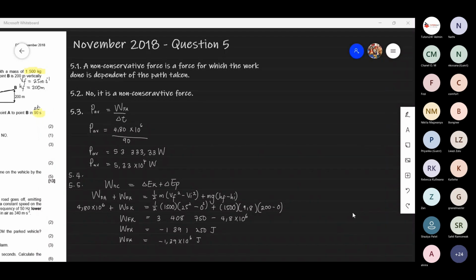But for work, energy, and power, I would recommend you leave your answers in the SI units, okay? If you were to write your answer in kilowatts, you'd get the same marks as someone who wrote it in watts. So why must you waste time and convert it to kilowatts or to scientific notation when you're going to get the same amount of marks as the next person who didn't do that? So don't waste time, just write it as is and move on to the next question, okay?